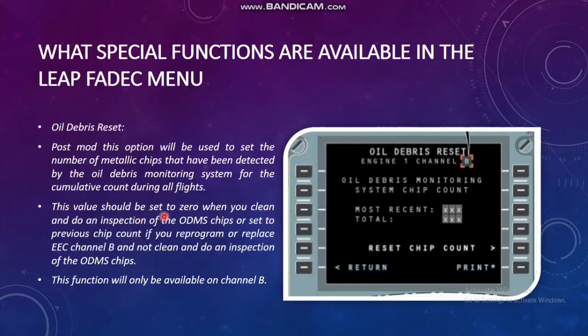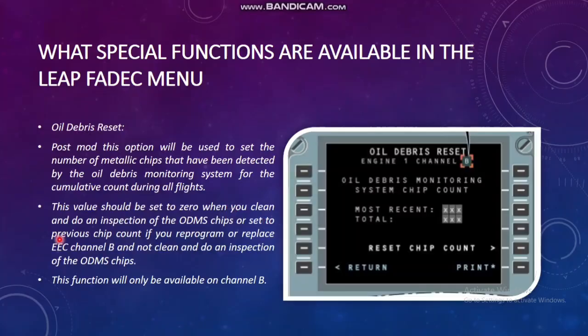This value should be set to 0 when you clean or do an inspection of the ODM chip, and set to the previous chip count if you reprogram or replace the EEC channel B and do not clean or inspect the ODMS chip. So there are two or three conditions. It should be set to 0 when cleaning or inspection of the ODMS chip is done.